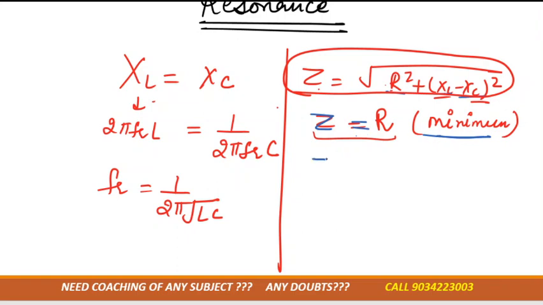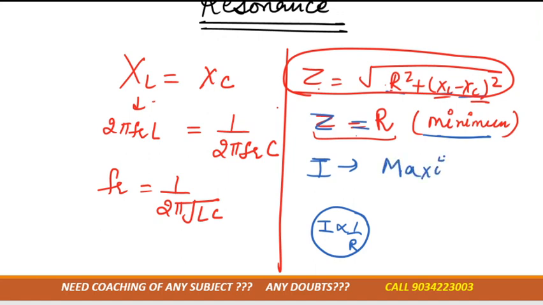If Z is minimum, then should current be minimum or maximum? I is inversely proportional to Z, so it should be maximum.